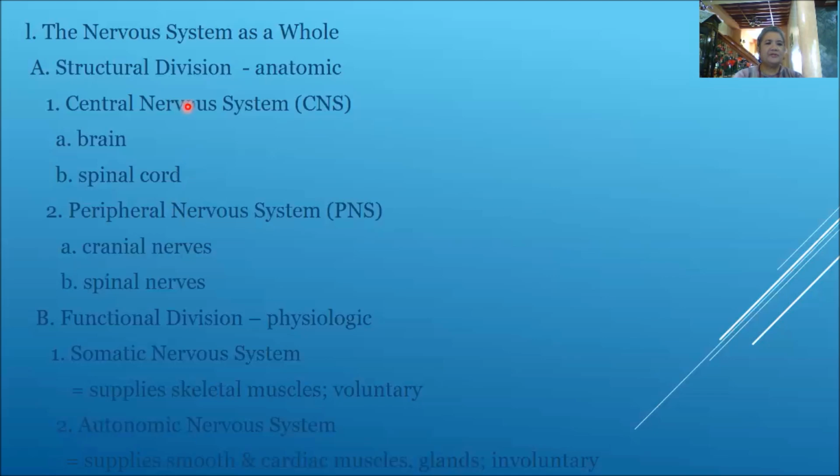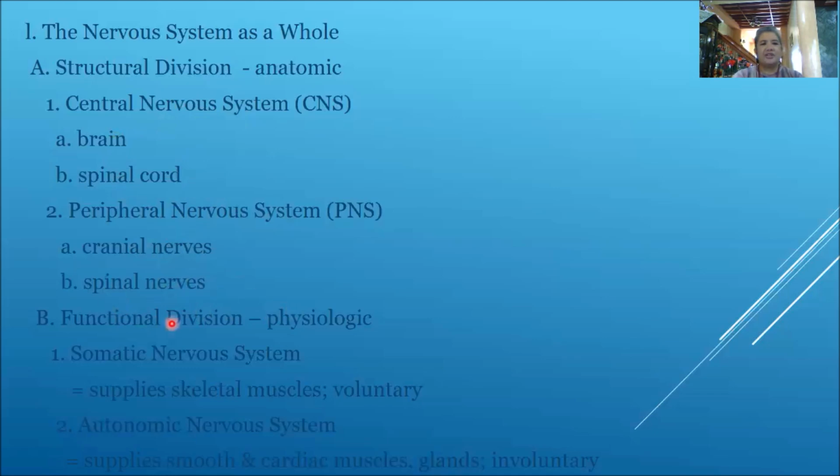Your central nervous system has 2 components, the brain and the spinal cord, while your peripheral nervous system are your nerves, the ones which come from the brain itself, which are your cranial nerves, and the nerves that arise from the spinal cord, which are your spinal nerves.